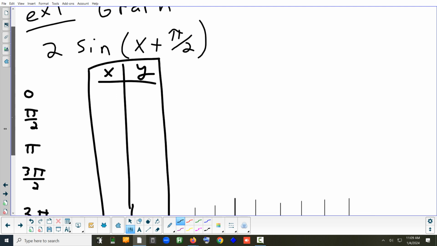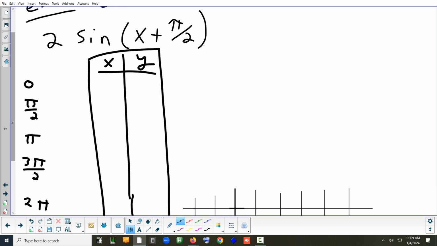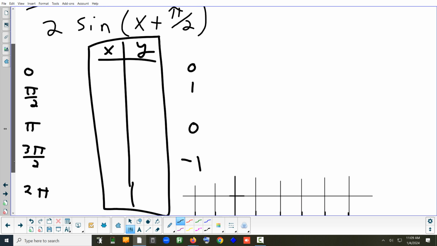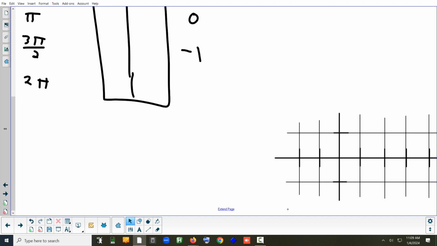And put the y's off to the side. Don't put anything in the final table. What are my original y's for sine? 0, 1, 0, negative 1, and 0.